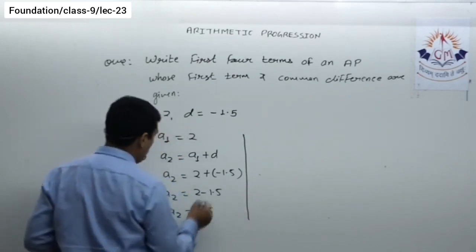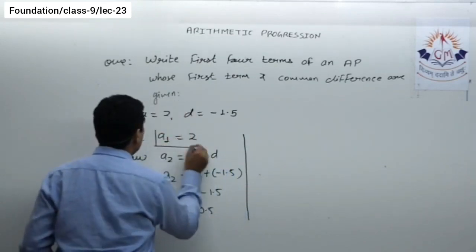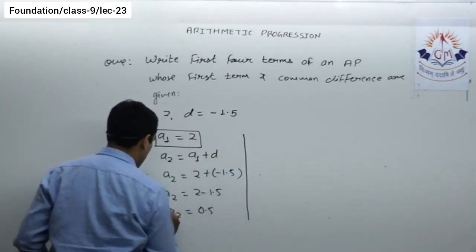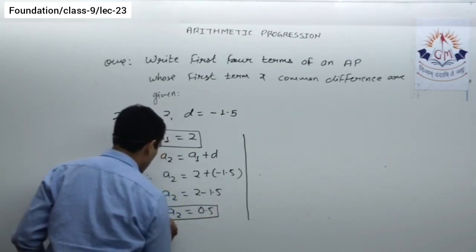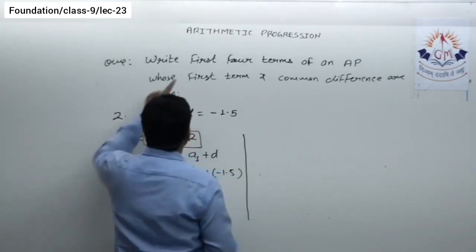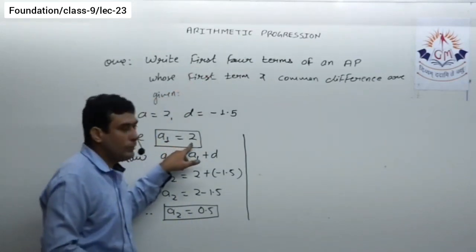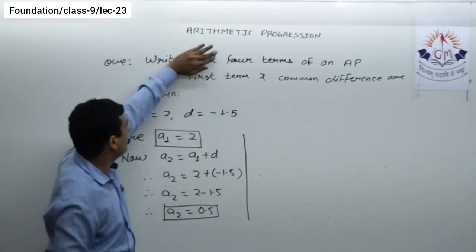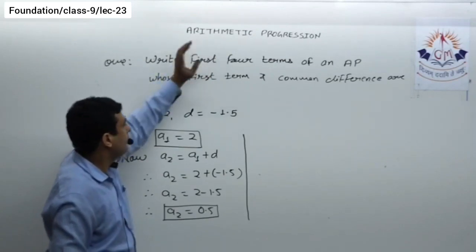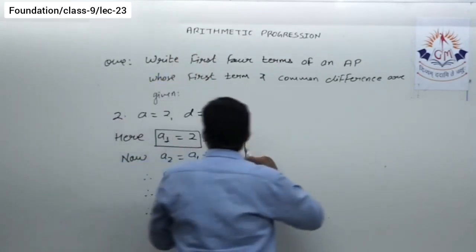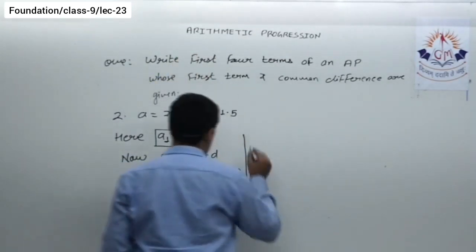So we got a1, we got a2. Here it is written to write the first 4 terms, so definitely I will include a1, but suppose the question is to write 4 terms, then you have to write from the second onward.